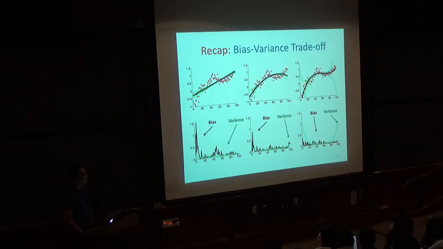If the model class has high bias, which means that even if you give it infinite training data, it will still have a lot of error, that simply means that it cannot fit the data well. And the goal of looking at the bias-variance tradeoff is, well, we actually want to choose a model class that optimizes the bias-variance tradeoff.